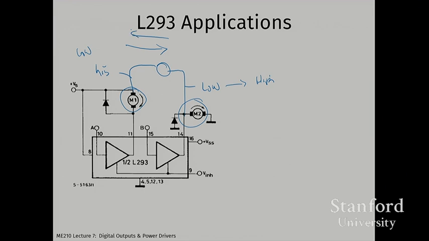So you can make the motor spin clockwise and then counterclockwise. And this bidirectional control is really important for a lot of applications. So this family of parts is representative of a category that is something we will use a lot this quarter and talk a lot about.